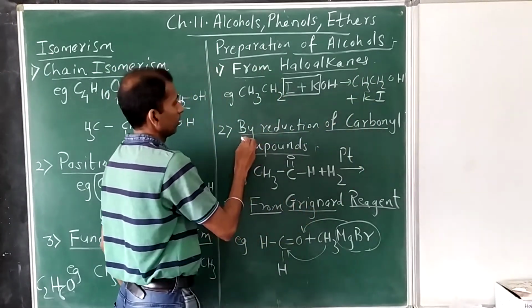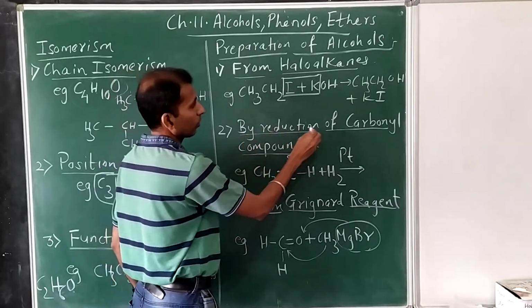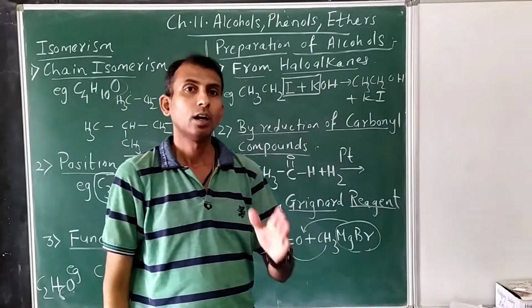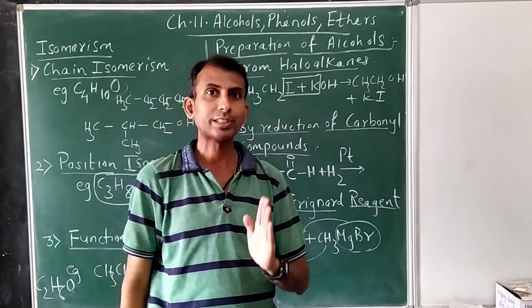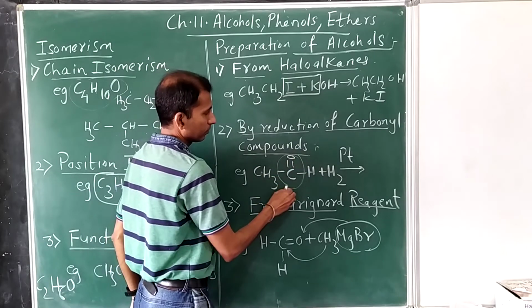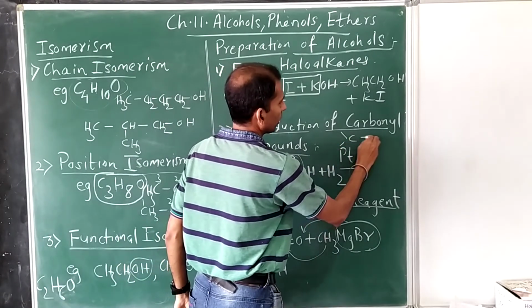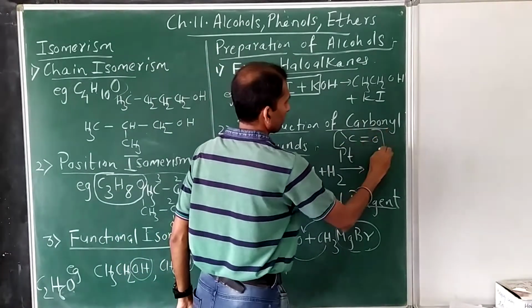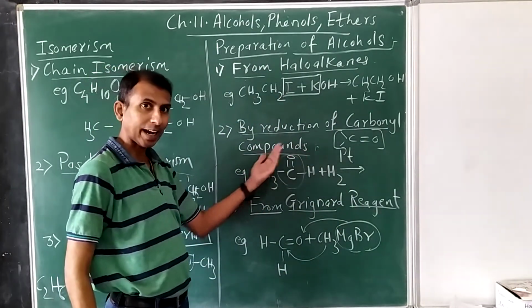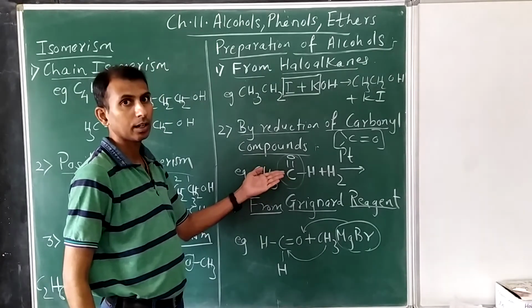Second method, by reduction of carbonyl compounds. Carbonyl compounds are compounds which contain the carbonyl group. And reduction, because we are going to add hydrogen to this carbonyl compound.